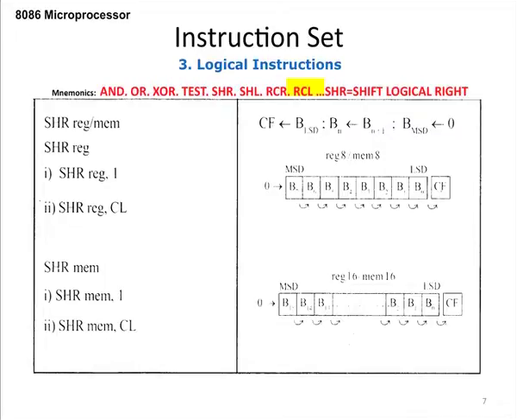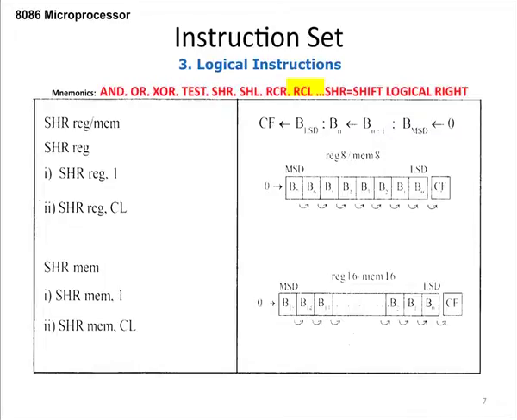The first instruction is SHR, register or memory. It is also known as shift logical right. In this instruction, we have two categories, either SHR register, 1 or SHR register, CL.